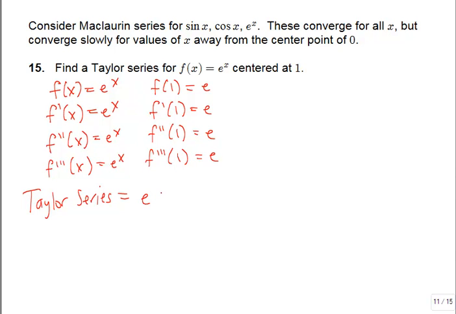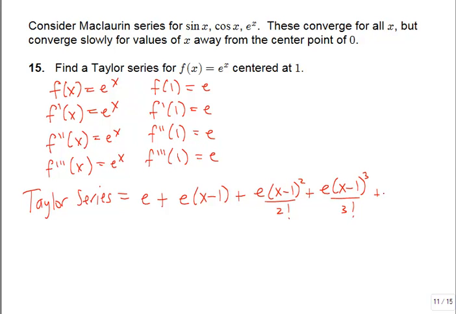And then our second term is going to be this first derivative, that's your coefficient, times an x minus 1 over 1 factorial. Plus, your next term will be that coefficient e again, times an x minus 1 squared over 2 factorial. And then the next one would be that coefficient e times x minus 1 cubed over 3 factorial, etc.